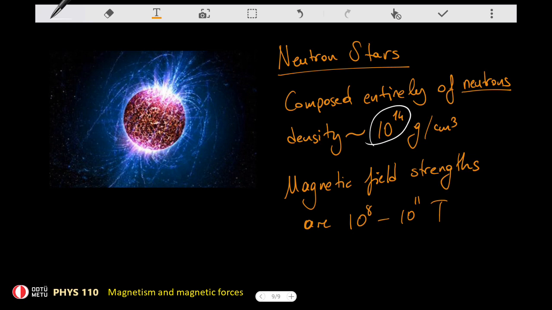The density is like 10 to the 14 grams per cubic centimeter, right? You cannot compare this with anything that you know, actually. And somehow these neutron stars also produce extremely large magnetic fields. These are very large, right? Even ordinary atoms cannot be present under the usual conditions and under these huge magnetic fields.